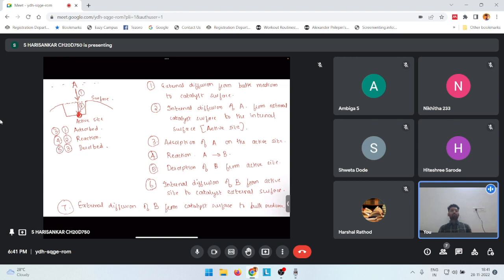And once your products are desorbed from the active site, it has to undergo an internal diffusion to reach the catalyst surface, that is step 6. And then from the catalyst surface, it has to undergo an external diffusion to reach your bulk, and that is step 7. Right? So these are the 7 major steps involved in the catalytic reaction. Clear?